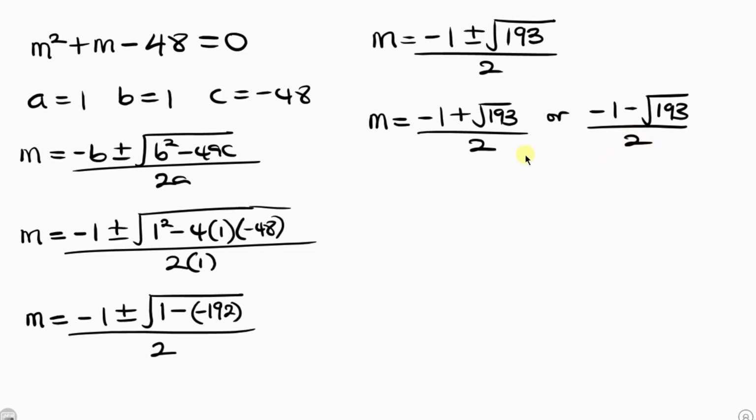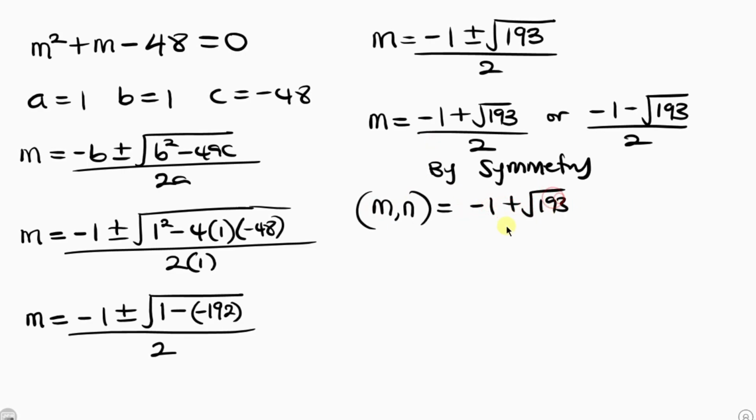Now, how do we get the value for n? You notice by symmetry, the value for m and n is going to be equal to, so I'm going to be writing by symmetry here because the equation given to us in the question is a symmetric equation. So we have m to be negative 1 plus the square root of 193 over 2, and the value for n to be this other value, which is negative 1 minus the square root of 193 all over 2.